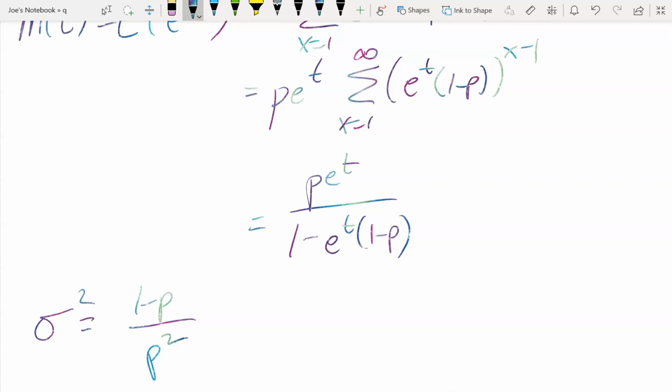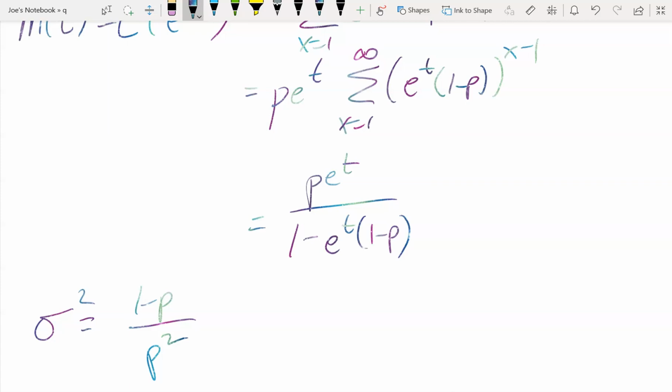How come it says that t has to be less than negative natural log of 1 minus p? Because from the theory for moment generating functions, you need to make sure that it exists somewhere other than 0. So that's what it's telling you that it's going to exist for.